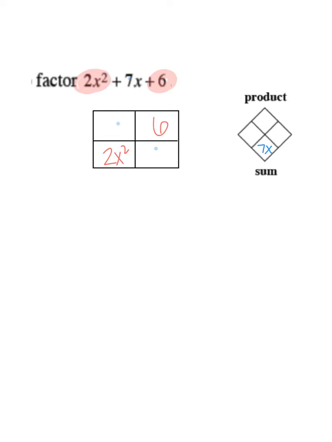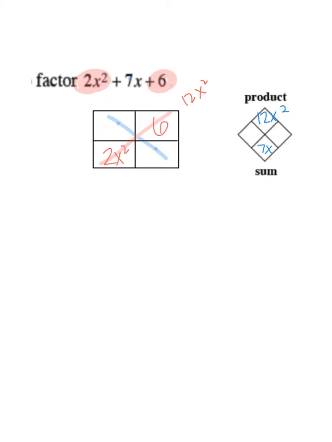We also know that this diagonal, if we multiply it, should make the exact same multiplication as this diagonal. So since the diagonal multiplies to be 12x squared, we know that our other blue diagonal needs to multiply to make 12x squared. And now this is a diamond problem that we've solved before.